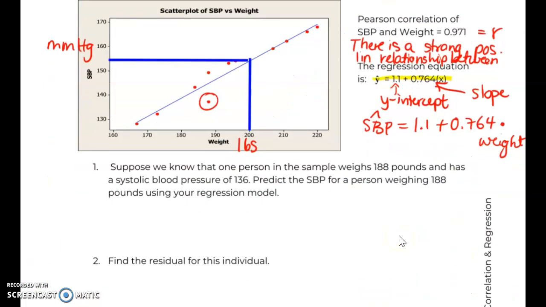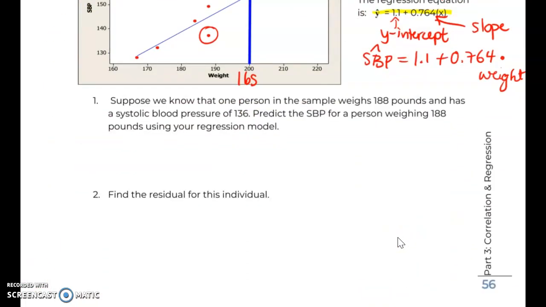In our question, we have a person who weighs 188 pounds, and we're also given their systolic blood pressure, which is 136. It says predict the systolic blood pressure for a person weighing 188 pounds. So we are trying to find the predicted value, y hat, using our regression line, plugging in our x values.